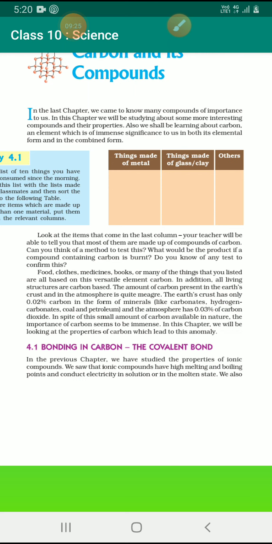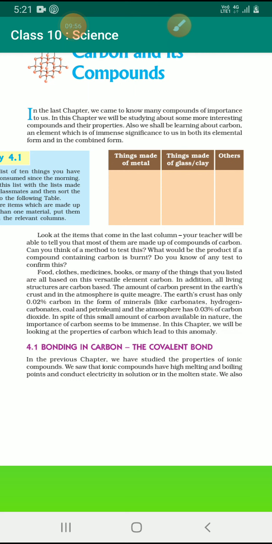Carbon is present in the form of minerals like carbonates, hydrogen carbonates, and coal and petroleum, and the atmosphere has 0.03% of carbon dioxide. Remember, 0.02% of total carbon is present in the atmosphere, in which 0.03% is carbon dioxide. I hope you are getting it.